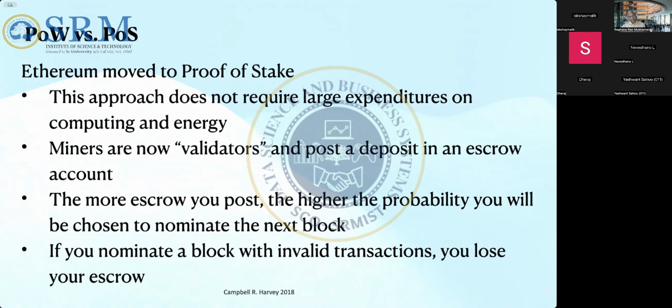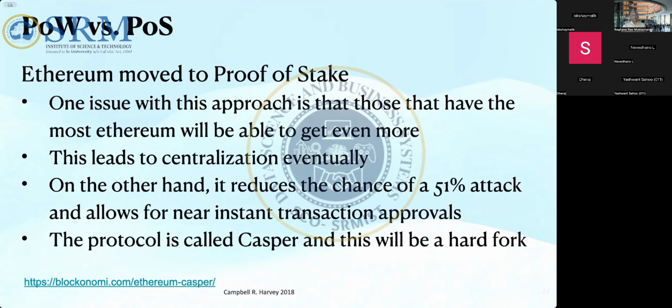Escrow means some kind of guarantee, right? So as a guarantee, that will be lost. That's why nodes don't try to put invalid transactions, because they will end up losing money, and their blocks will not be picked up and things like that.